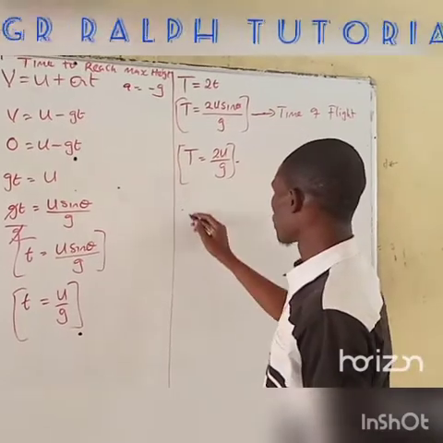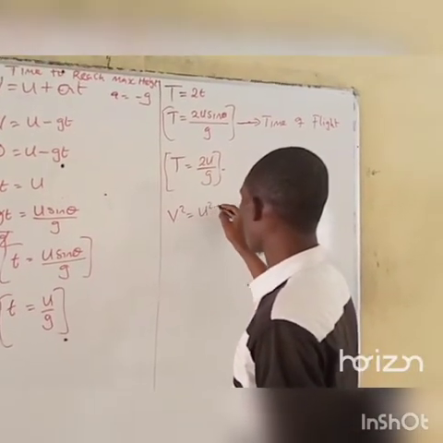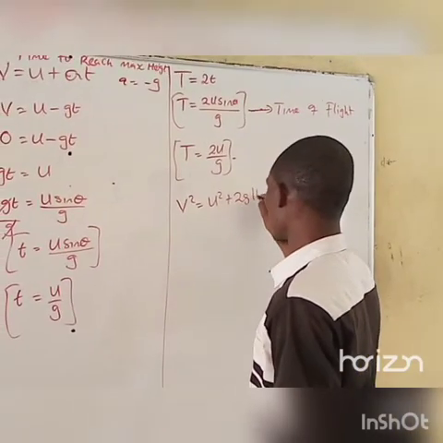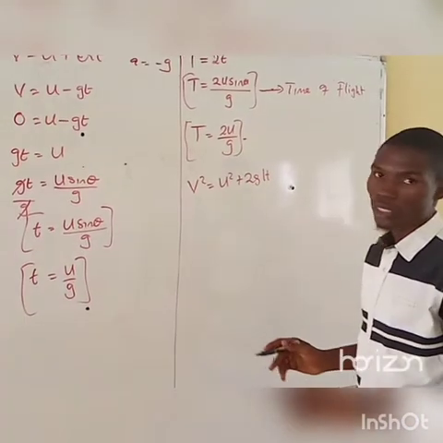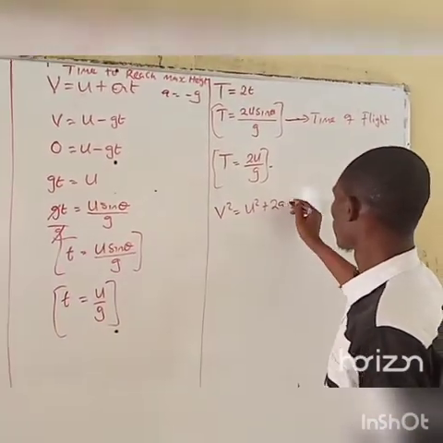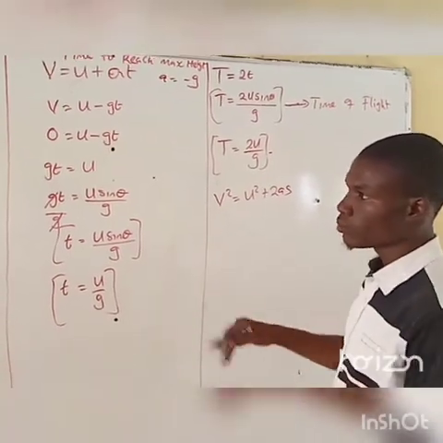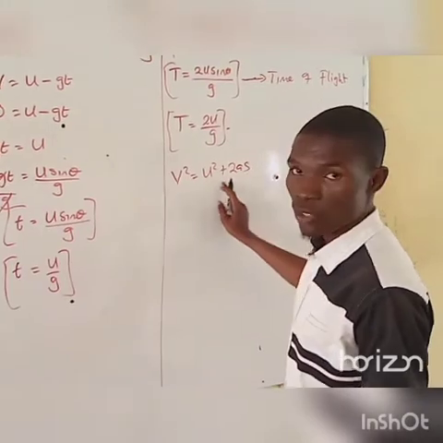Now, maximum height. Recall we say v square is equal to u square plus 2gh. This is our third equation of motion. But in projectile motion, this s becomes height, this a becomes g.